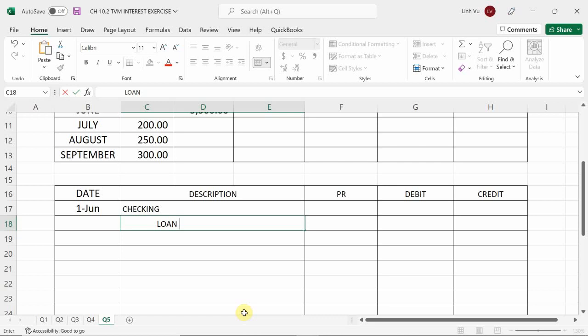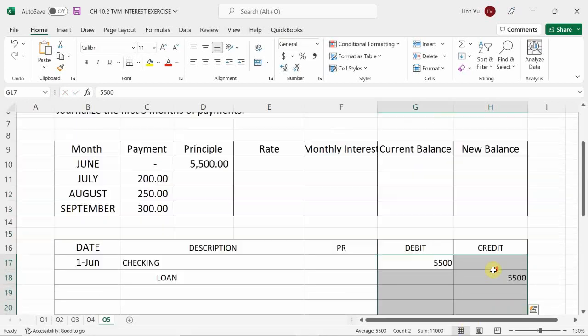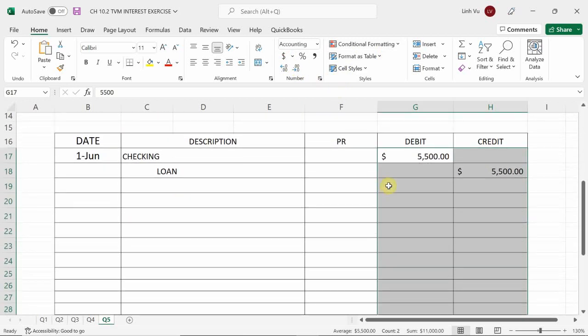Okay? So of course, now that you got that loan for $5,500, are you going to be accruing interest as soon as you get the loan? No, right? Because you haven't accrued it. You just got the loan. So there's no way that you're going to get accrued interest because it hasn't been sitting there.